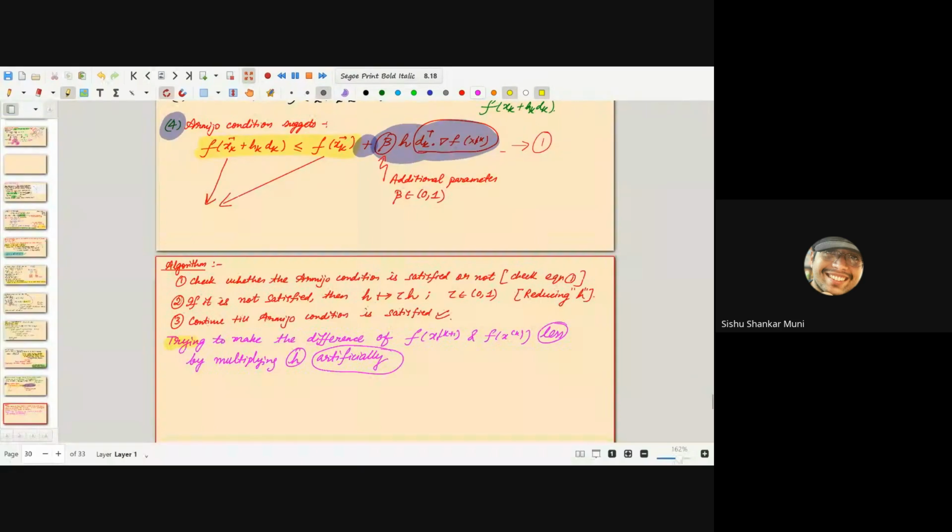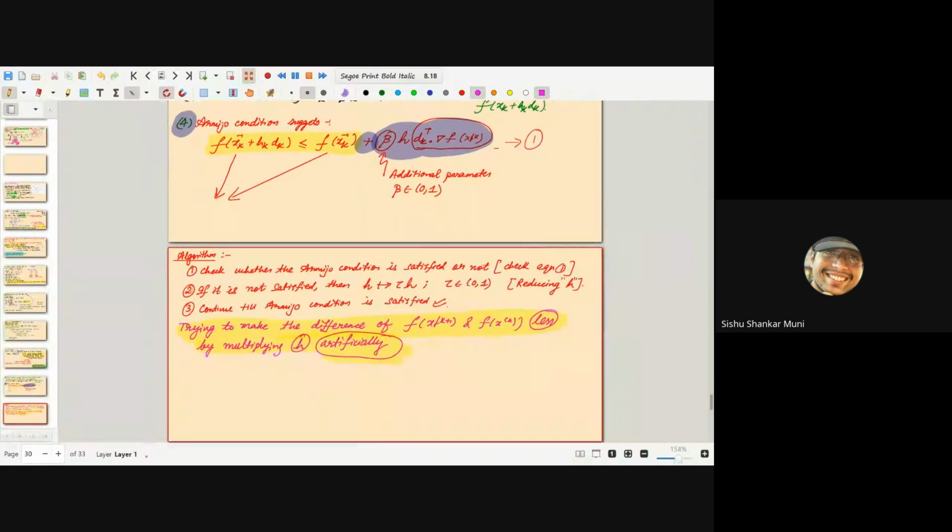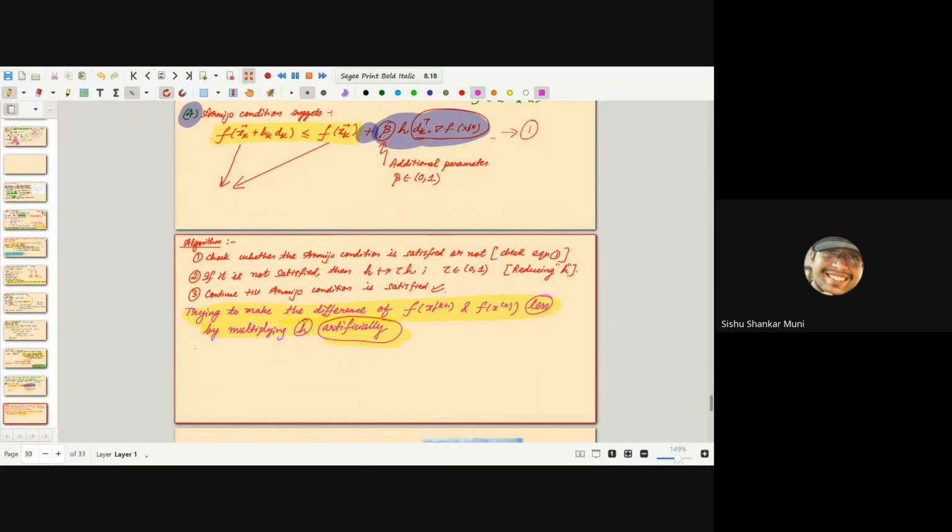So trying to make the difference of f of xk plus 1 and f of xk less by multiplying h artificially. So can we write equation 1 like this: f of xk plus 1 minus f of xk is less than or equal to beta times h, times that whole term, whatever term is there.